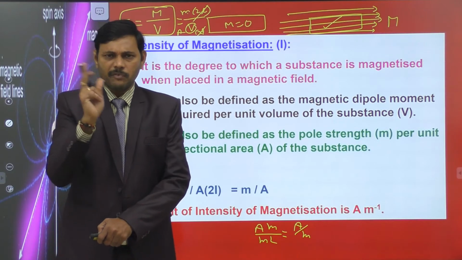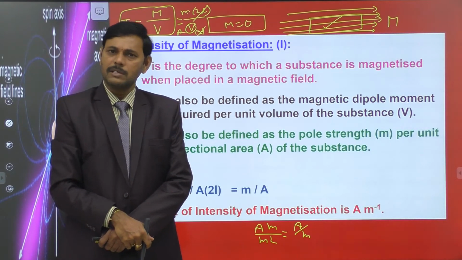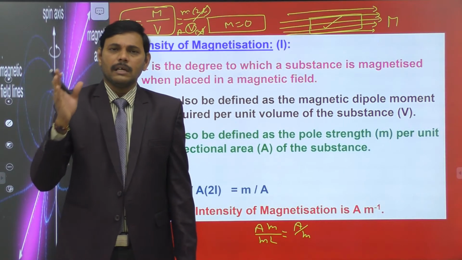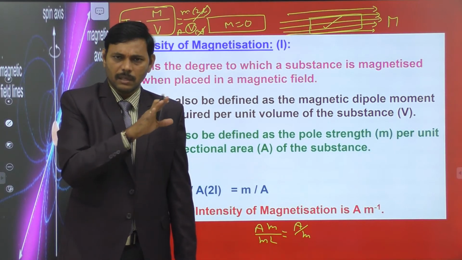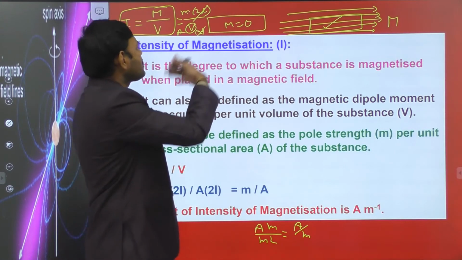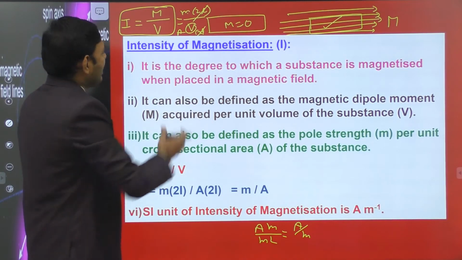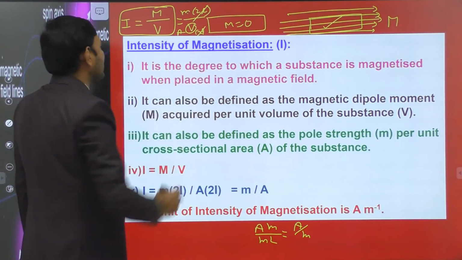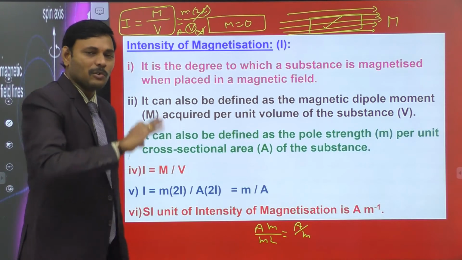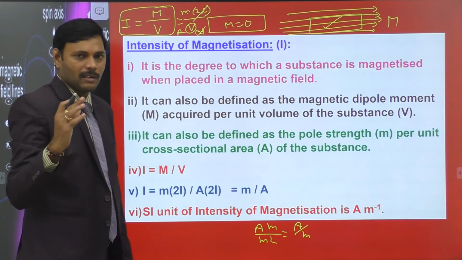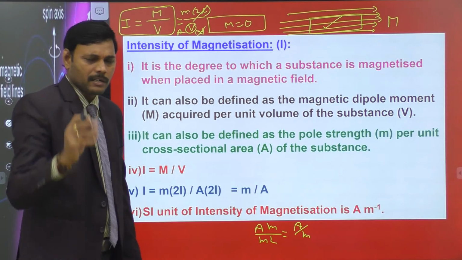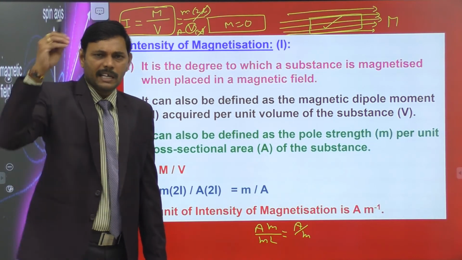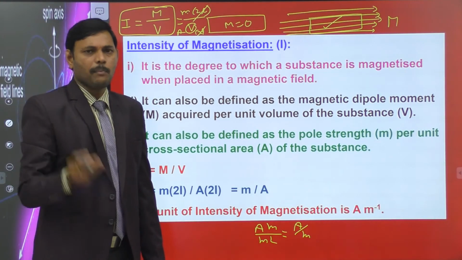The very first definition of our discussion was magnetic intensity, denoted by H. The present part is intensity of magnetization. If we exchange the words in the title, the total meaning changes. Both are different. One is the cause, the second one is the effect. Magnetic intensity is the cause, the applied one.